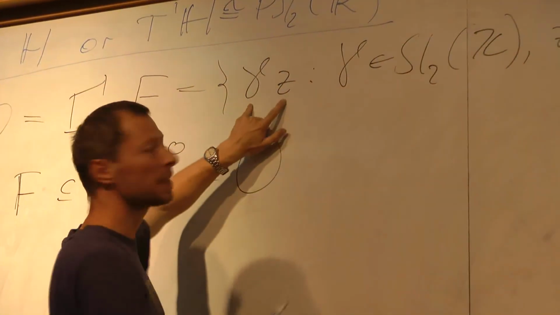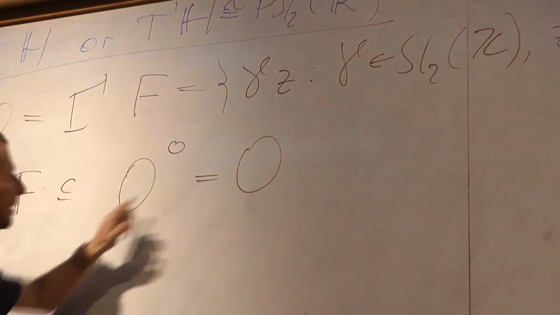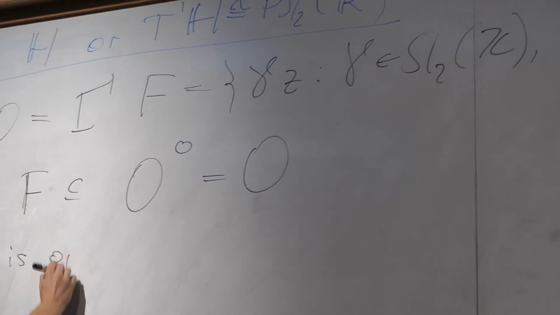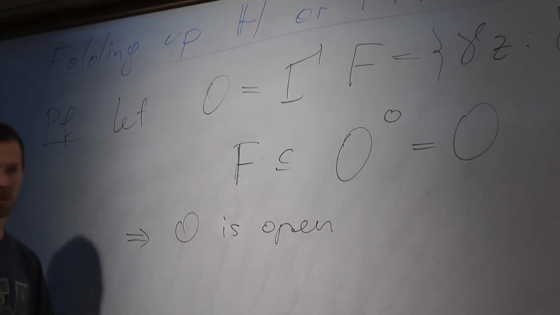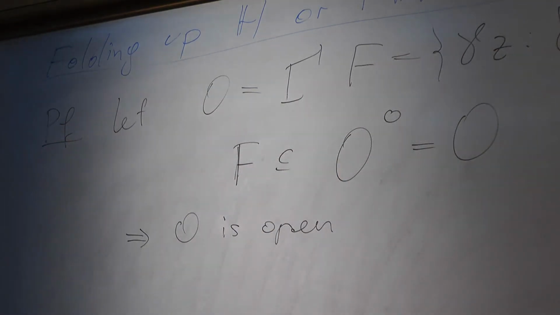Right? So every point gamma Z is an interior, but the whole set is made out of gamma Z, so the set is open. Right? Anyone objects?